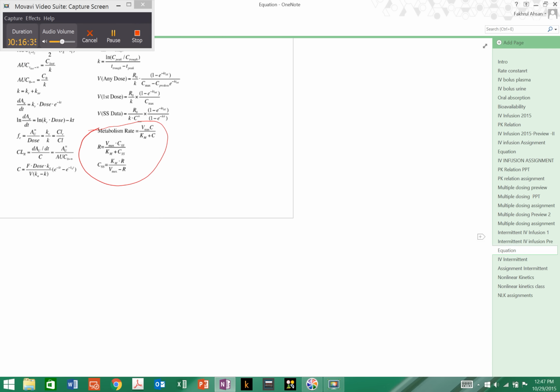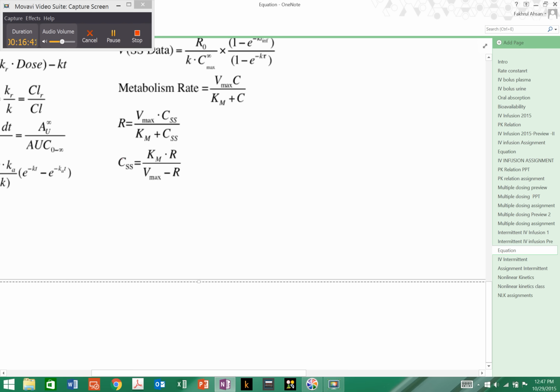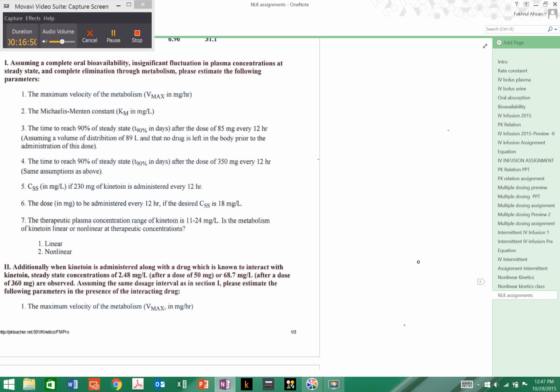Yes, here, this is your equation sheet. So here you have your CSS. We know Km, we know Vmax, we know R, so we should be able to calculate CSS. So here, this is the equation. This is the equation CSS equals Km R divided by Vmax minus R.